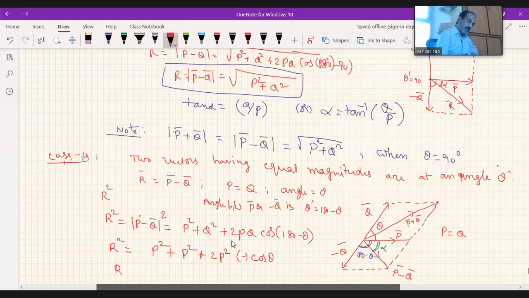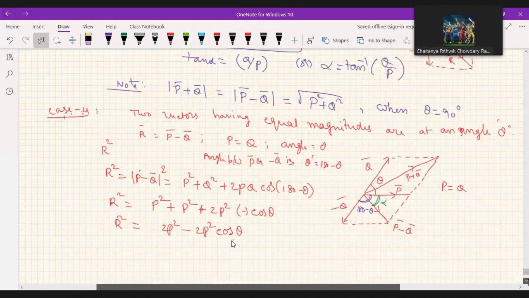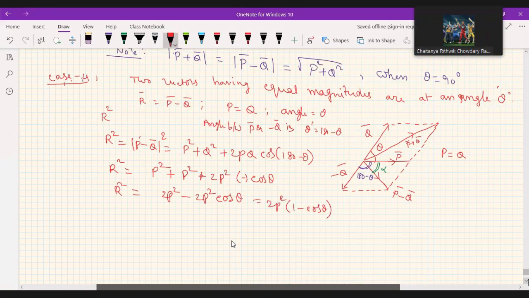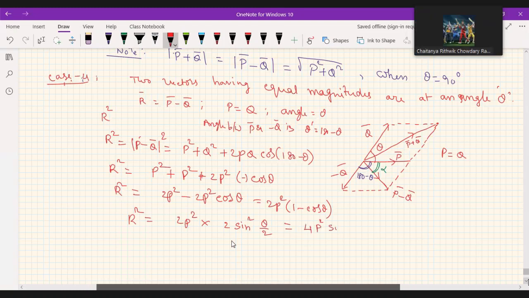So R square equal to 2P square minus 2P square cos theta, that is equal to 2P square into 1 minus cos theta. R square is 2P square into 2 sin square theta by 2, which is 4P square sin square theta by 2.